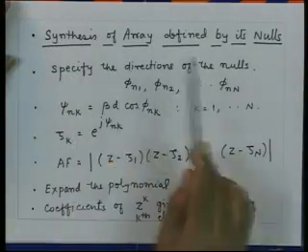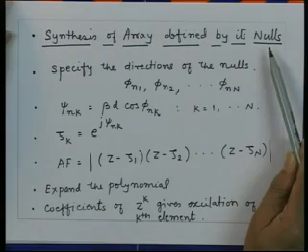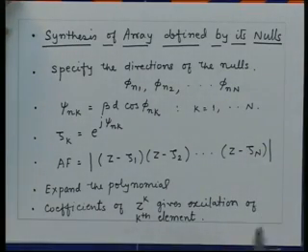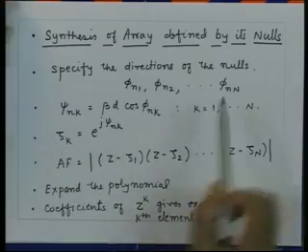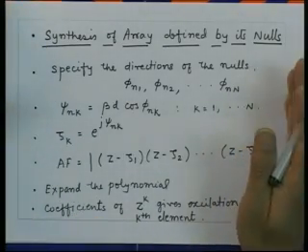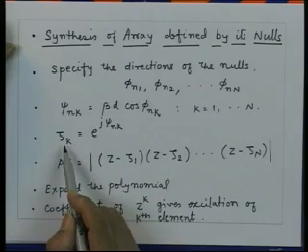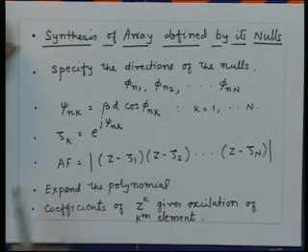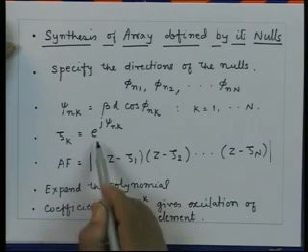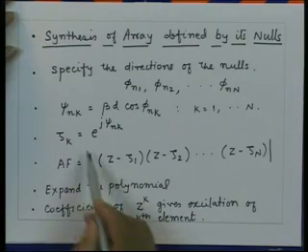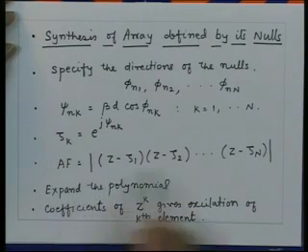So, array which is specified by the nulls can be synthesized in a very straightforward manner. So, first we find out the directions of the nulls which are specified by the users, which are given by phi n 1, phi n 2 and so on. Find out the corresponding values of psi, find the roots corresponding to these values of psi, which is defined by e to the power j psi n k, multiplying by the doublets z minus the roots, you get the polynomial.